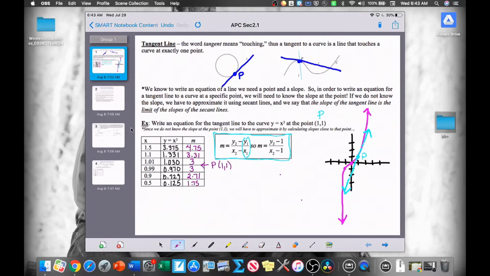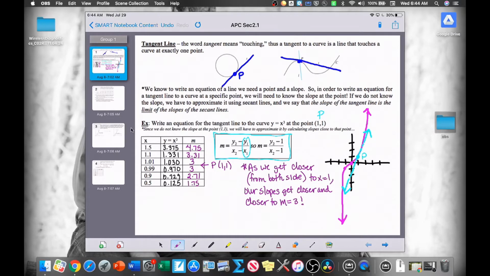Since our point P lives right in between there, and the two closest slopes that we got were both 3, I think it's fair to assume that as we get closer from both sides to x equals 1, our slopes get closer and closer to m equals 3. And so since that's the case, that is what we're going to use as our value for slope.